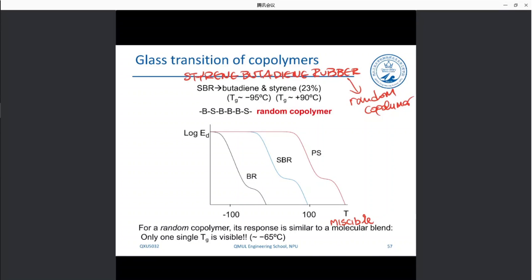So for the random copolymer, for the case of SBR, you can see that we have only one glass transition, and it is around -65, somewhere between these two. Okay, so I want you to remember random copolymers.